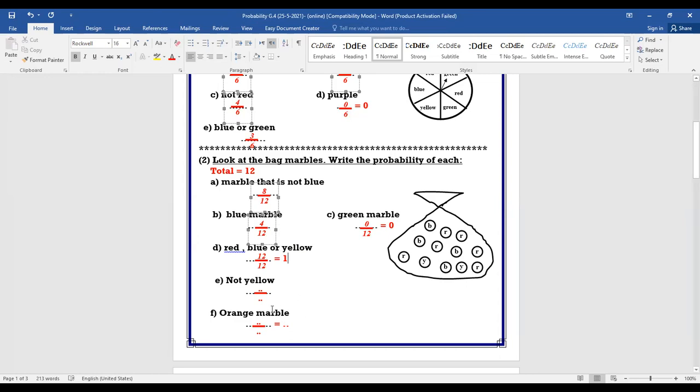Malak, not yellow. How many marbles here are not yellow? 11? Sure? Count again.